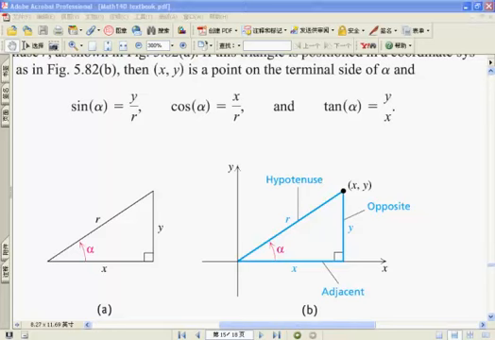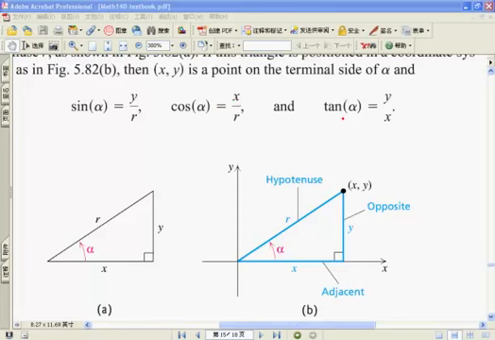Then in this way, we can use the lengths of these two legs to express the sine, cosine, and tangent of this alpha. For example, sine alpha is equal to y over r, right? And then cosine alpha, by the trigonometric ratio theorem, is equal to x over r.